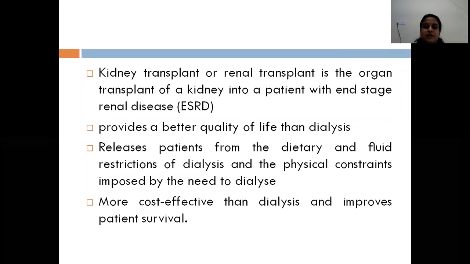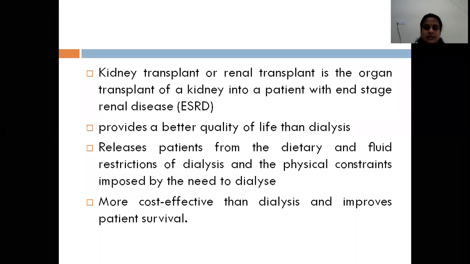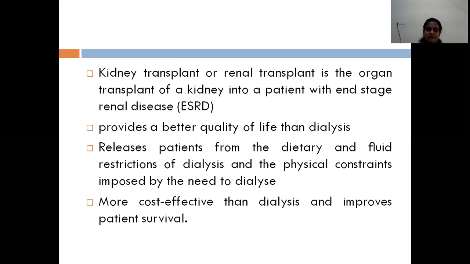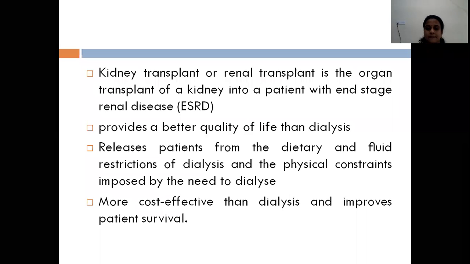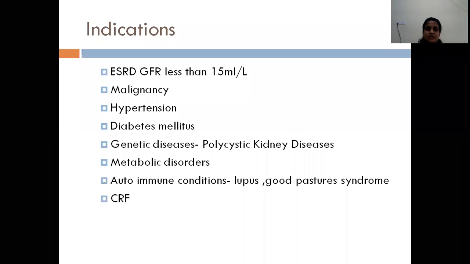It releases the patient from the dietary and fluid restrictions of dialysis and the physical constraints imposed by the need of dialysis. Okay, it is more cost effective than dialysis and improves the patient survival, provided there is a ready donor available. What are the indications?